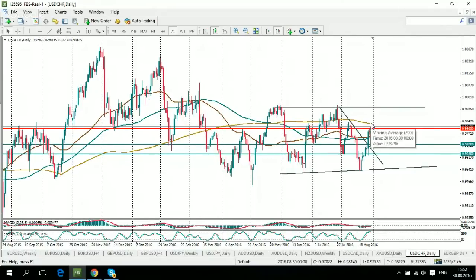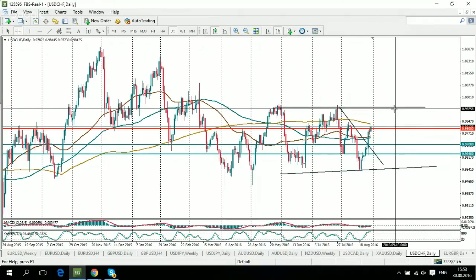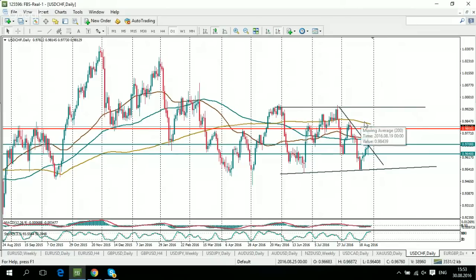This is a 200-day moving average, but there is potential for the US dollar to get higher to the area above 0.99, to the upper border of this range. We'll see whether the pair will manage to overcome this obstacle of the 200-day moving average. It will certainly depend on NFP.